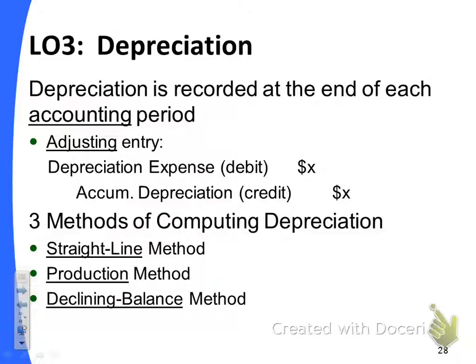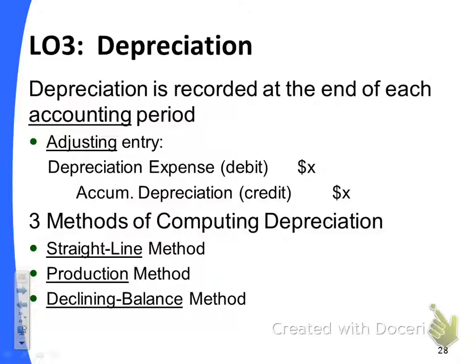You're going to debit depreciation expense and credit accumulated depreciation. What is accumulated depreciation? We talked about this in Chapter 3. What type of an account? Contra asset account. So each account that is a long-term asset is going to have an accumulated depreciation that is associated with that long-term asset account.